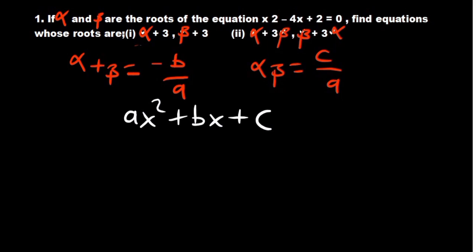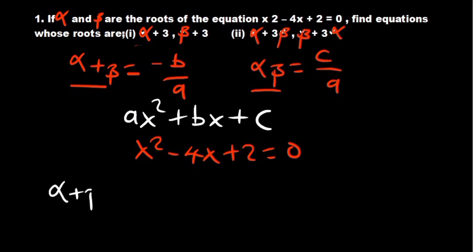In this question, we've been given the quadratic function x squared minus 4x plus 2 equal to 0. Now the question is, find equations whose roots are given. It's very important that we find the summation and the product of the alpha and beta roots. I'll start with the summation.